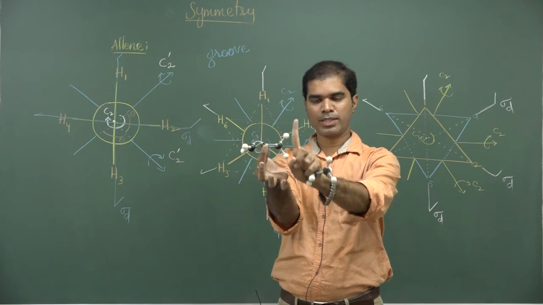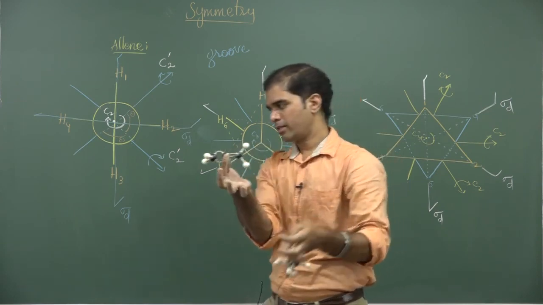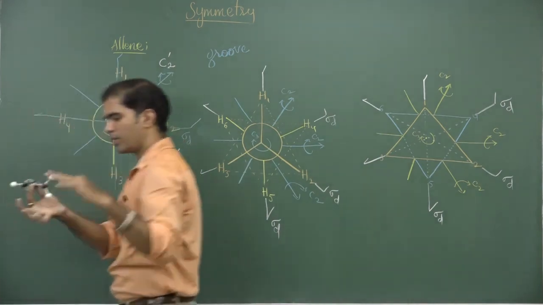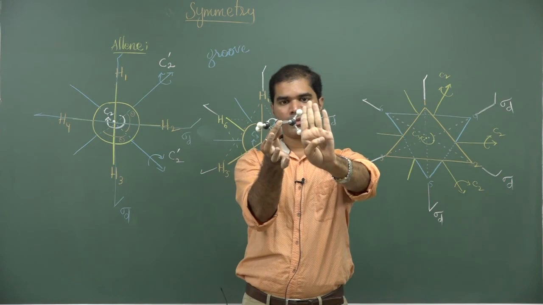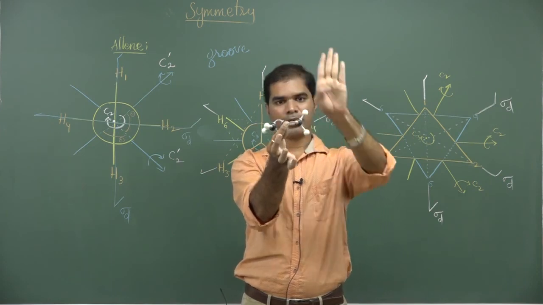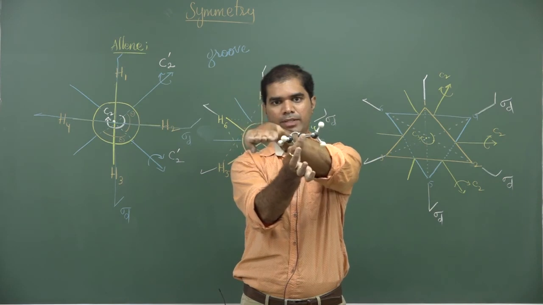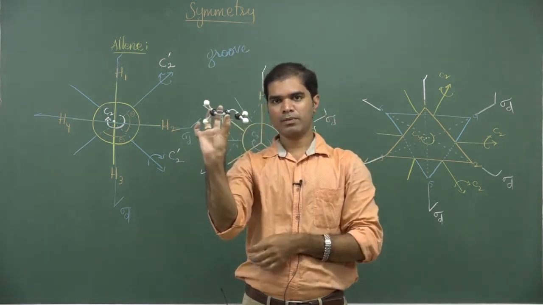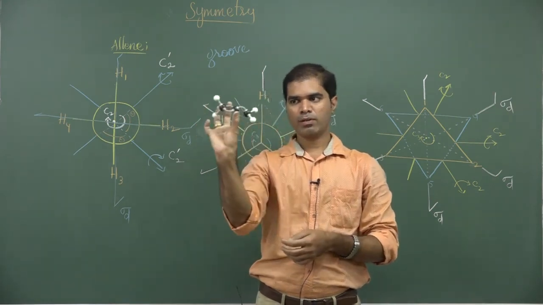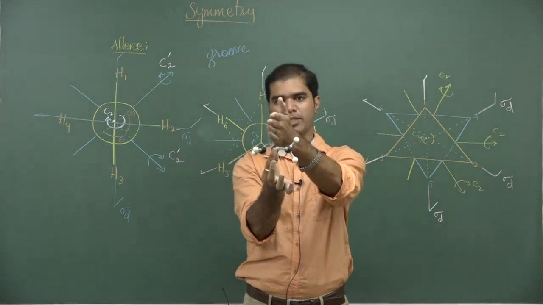With respect to you, this is a vertical plane, not with respect to the molecule. When I pass a horizontal plane, now this will reflect this way, but it will not reflect this way. So after passing this plane, this is how it will reflect.